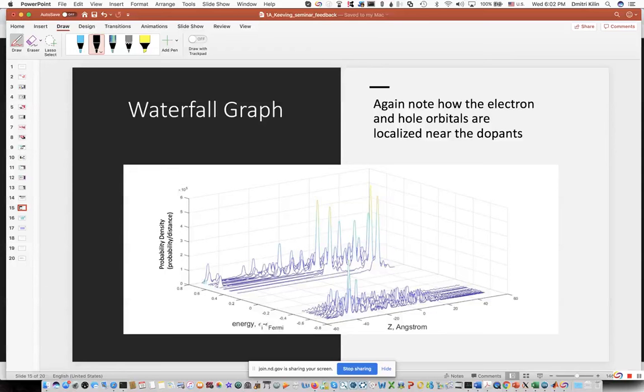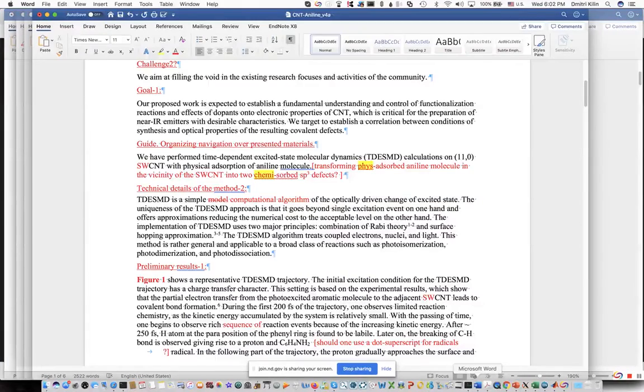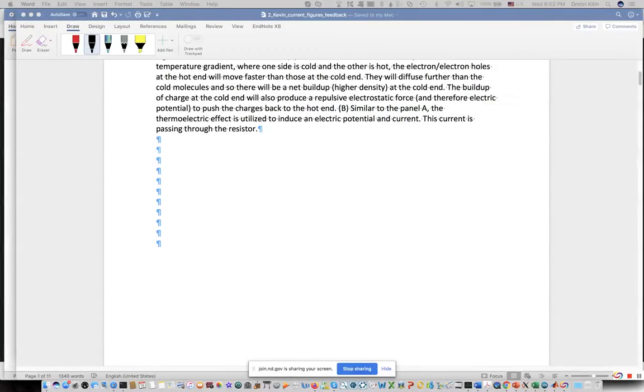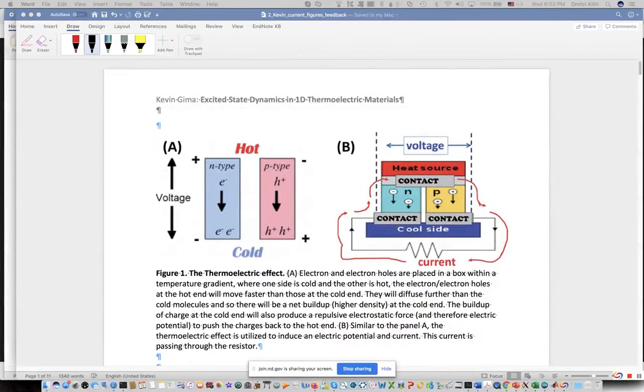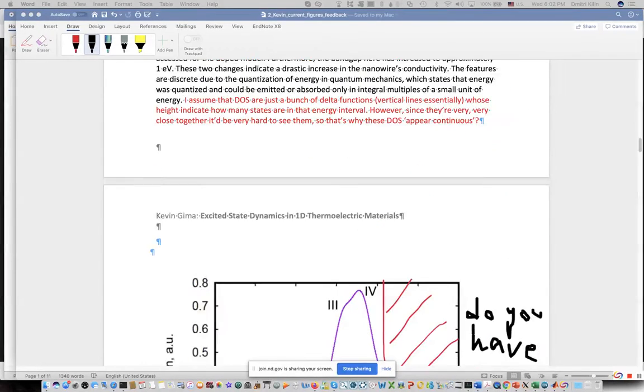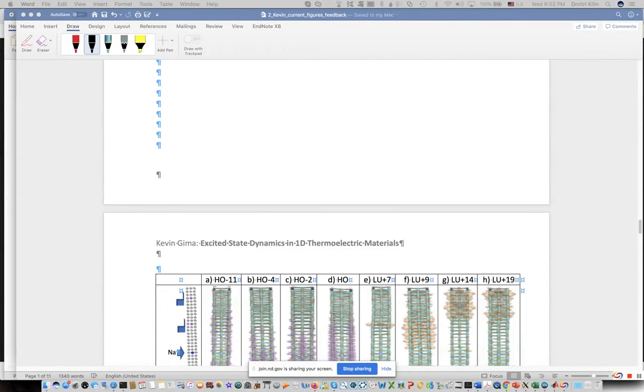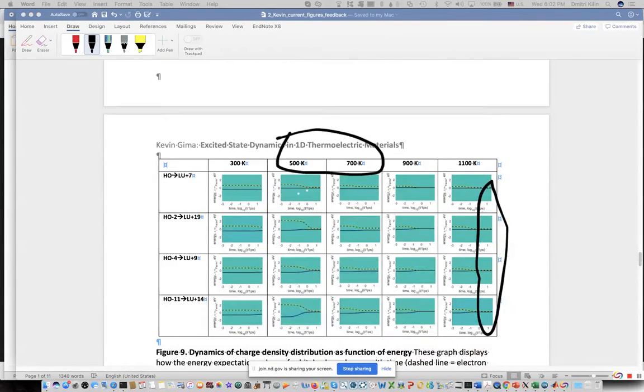Next slide. Kevin, we were discussing yesterday that one may need an additional equation for illustrating this image, and I'll check if I can bring it up.